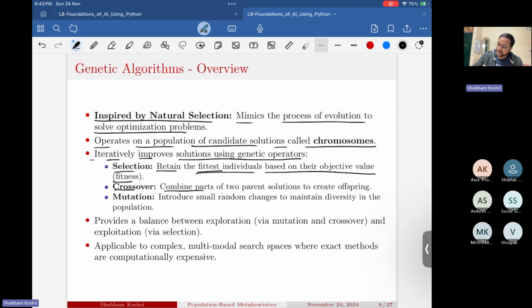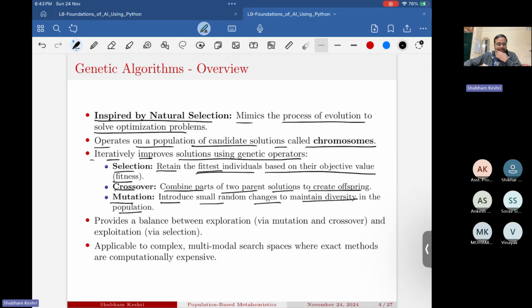Crossover is combining parts of two parent solutions to create new offspring. Mutation introduces small random changes to maintain diversity in the population. You just don't want your population to converge to one area of your search. You want it to diversify to other areas as well. So when you mutate, some of the individuals just randomly go to other areas.